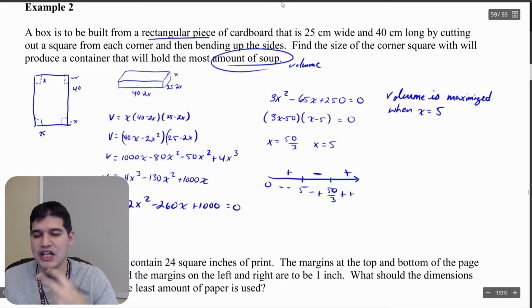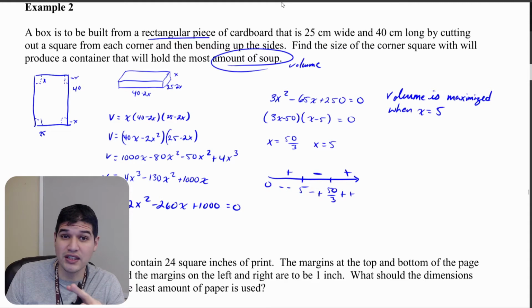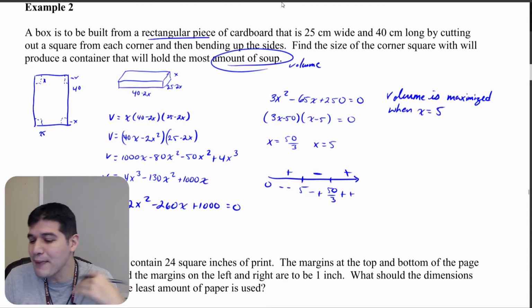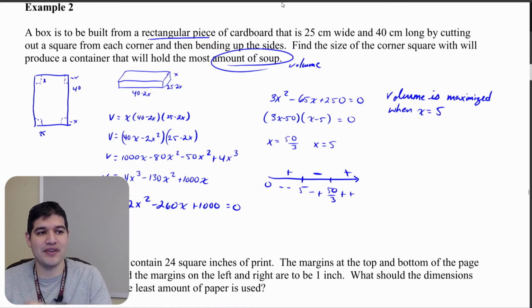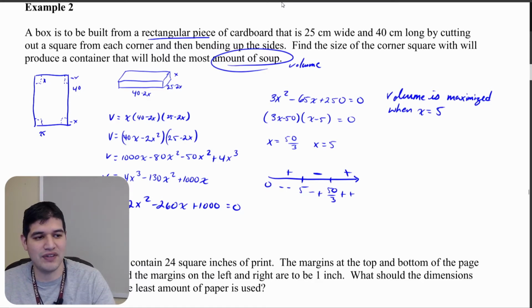This is where you actually need to determine which of these you're going to use, because 50/3 would be a minimum. We don't want the minimum amount of soup. We want the maximum amount of soup. So what is the size of the corner square that we're going to cut out? We know volume gets maximized when x equals 5 because v prime changes from positive to negative.